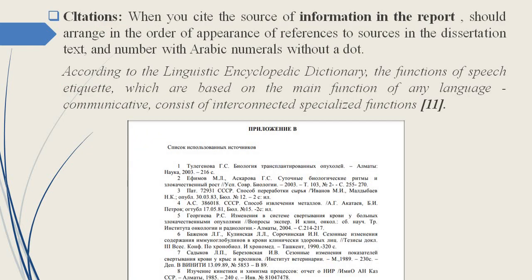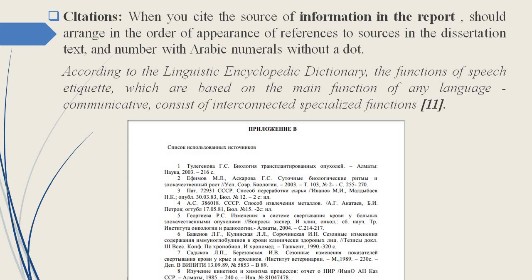Now let's continue. In terms of the examples, here you can see our country and foreign countries. Today we will see the difference between references and citations in our country and in foreign countries, that is, in English-speaking countries.